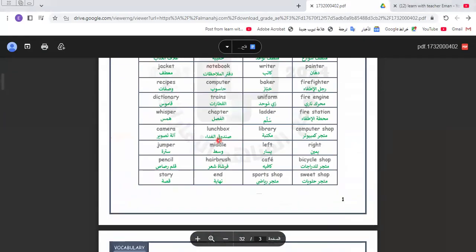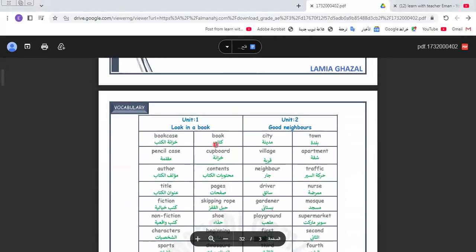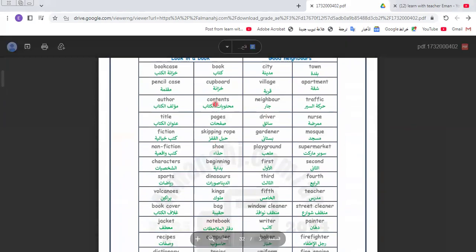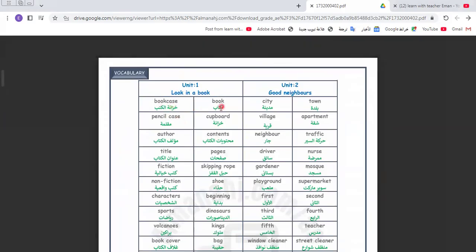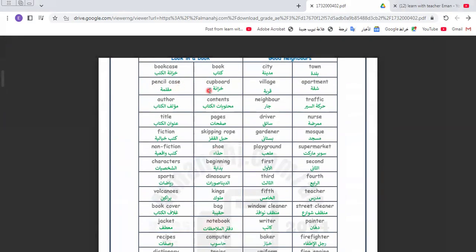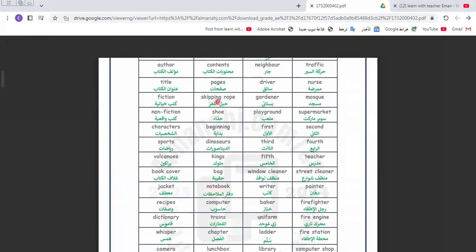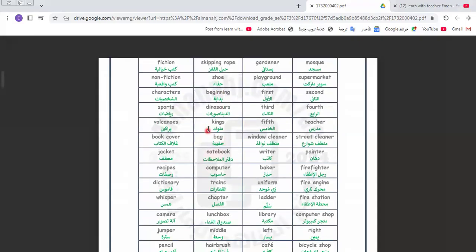Today we took some vocab. Let's learn it together. Here we have unit 1. Last class we talked about bag, case, book, pencil case, cupboard, author, contents. Here is fiction, skipping rope, non-fiction, shoes, characters, beginning, sports, dinosaur. This is the vocab of the last video.